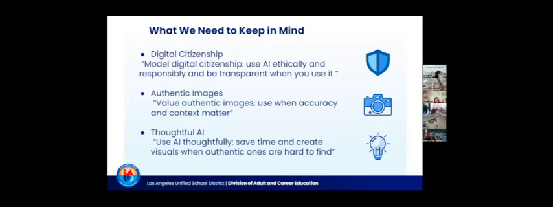That's why it's important to balance it, right? When to use authentic images where context and truth matters the most, right? Also, we need to keep in mind that AI can be a huge time saver tool, saves a lot of time for us, right?